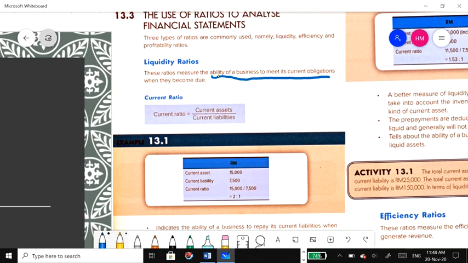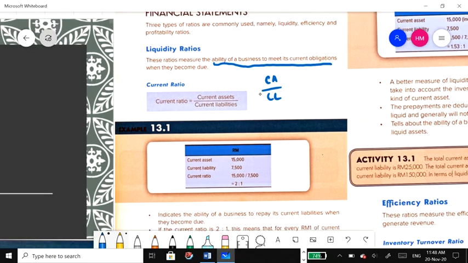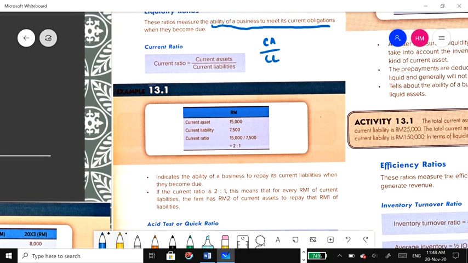So, formula yang akan kita gunakan untuk current ratio ialah current asset bagi dengan current liability. Nampak ni, contoh dalam soalan, dia akan bagi current asset 15,000, current liability 7,500, and current ratio, bagi je lah current asset bagi current liability, so 15,000 bagi 7,500, so you akan dapat 2 to 1.